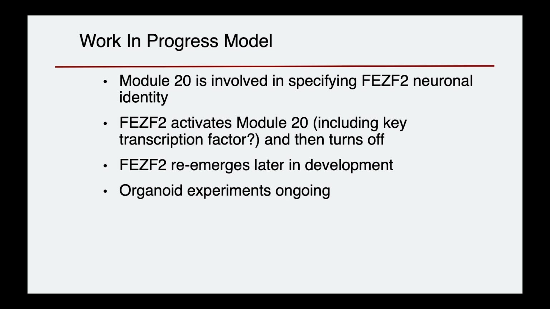I hope to keep you posted about some of this work. We've recently harvested some of these experiments, and we think it's supporting this model, but there's a few details we need to figure out. So stay tuned for that.